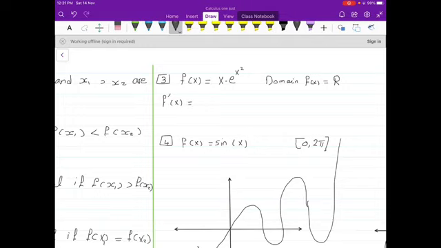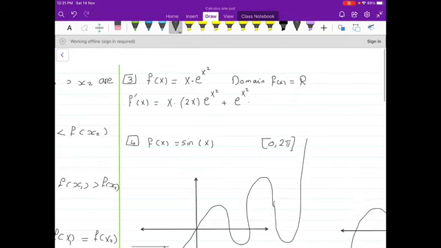So you find the derivative: x times the derivative of e to the power x squared, which is 2x times the derivative of the power, plus e to the power x squared times the derivative of x, which equals 1.